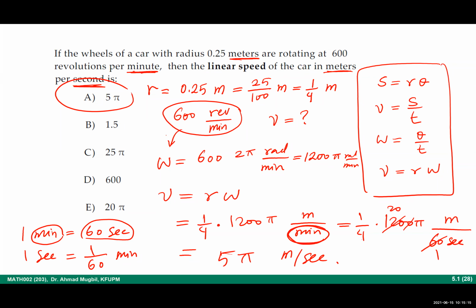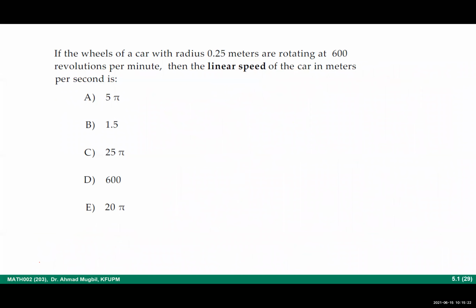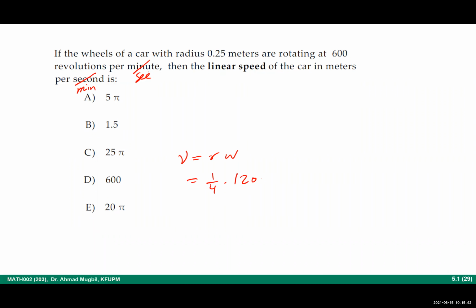If it was the opposite, Shabab, suppose that it was the opposite. Let's suppose that in the next slide. Suppose he said this per second, instead of this, if we have this in seconds, and this one he wanted it to be in minutes, what will be the difference? In that case, you have V equals to R omega, which will be, as we said, 1 over 4 times 1200 pi, meter per second.